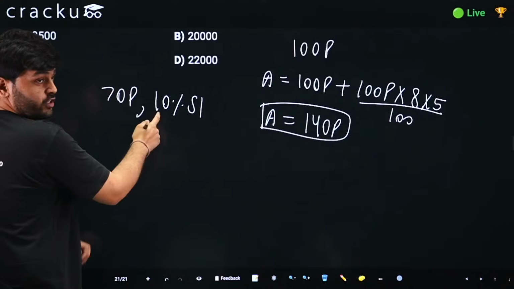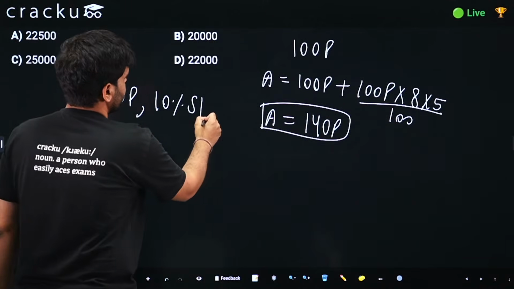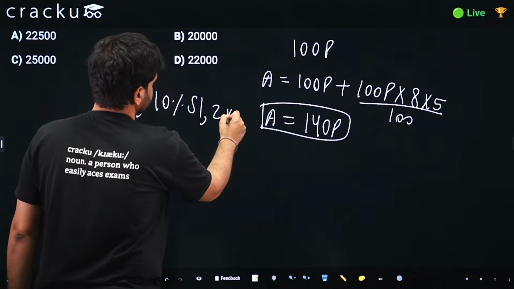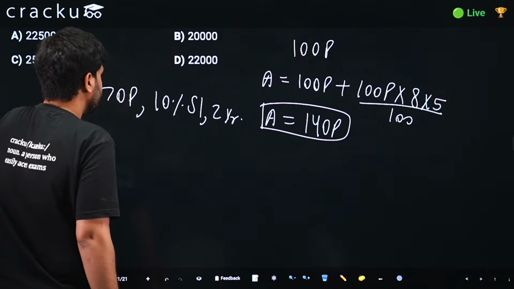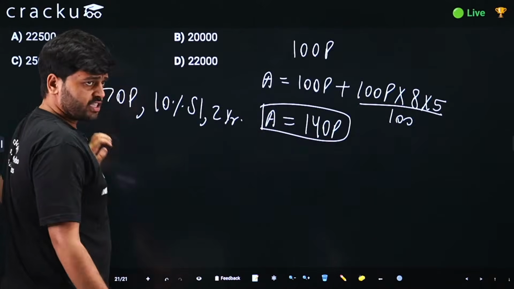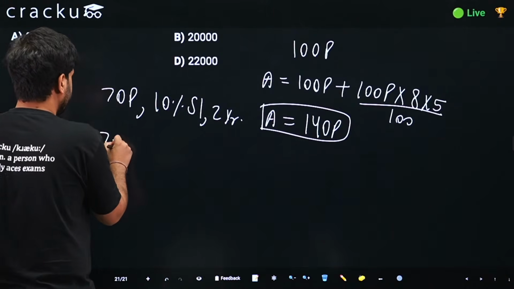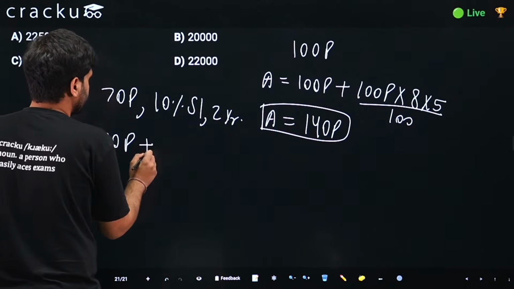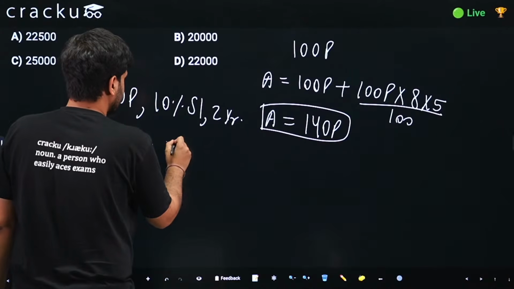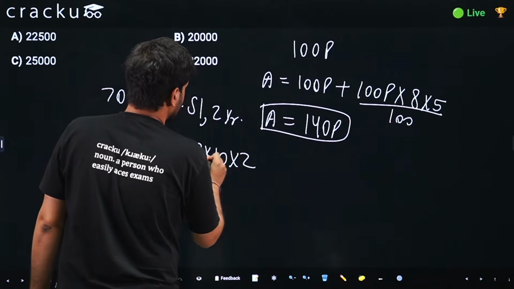So for the second bank, we know this is the principal, this is the simple interest, and 2 years is the time. So basically, can we calculate the total amount from the second bank? It would be 70p, which is principal, plus interest. Interest is 70p into 10 into 2 by 100.